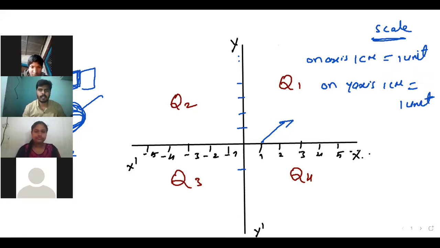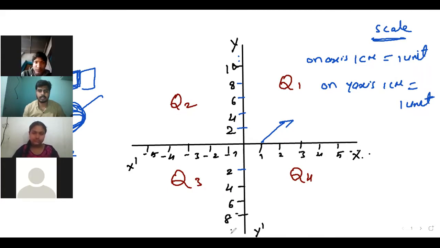Like this: 2, 4, 6, 8, 10. It means here we are assuming 1 centimeter as 2 units.